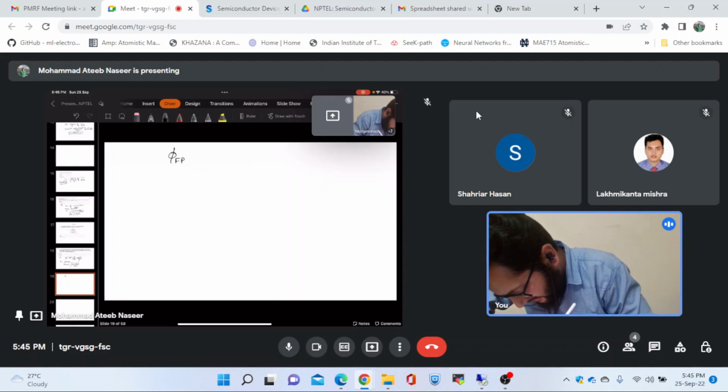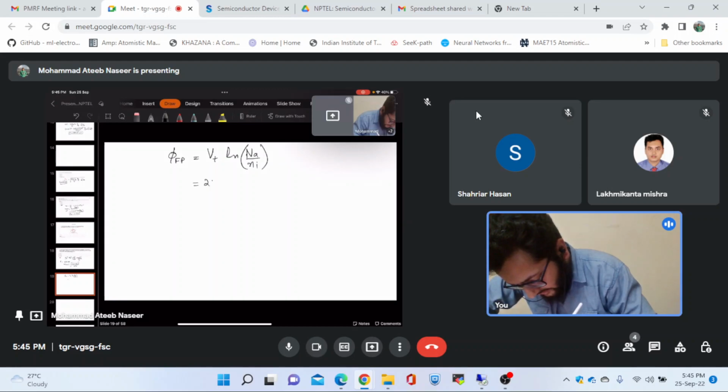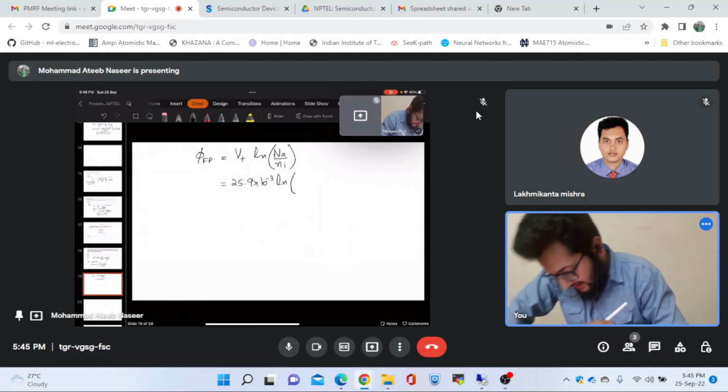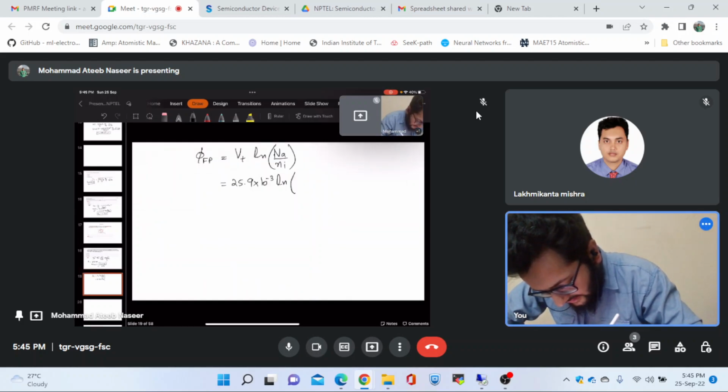Phi fp will be given by Vt, where Vt is the thermal voltage, times ln of Na by Ni, and this Vt is given to be equal to 25.9 into 10 raised to the power minus 3. Here Na is 3 into 10 raised to the power 16, and Ni is 1.5 into 10 raised to the power 10.